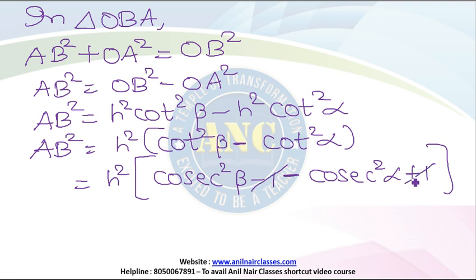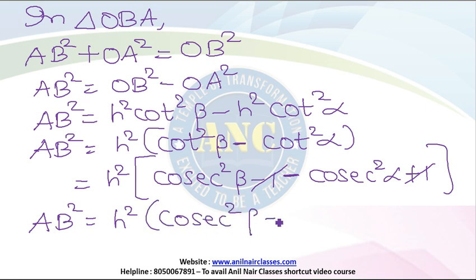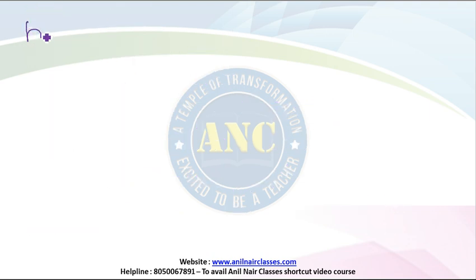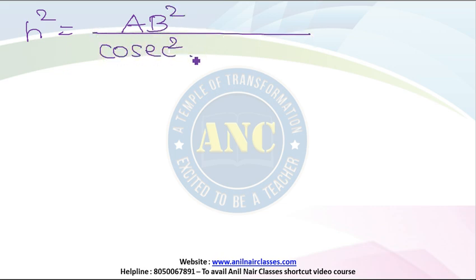Minus 1 plus 1 cancels. So you are left with AB square is equal to H square into cosecant square beta minus cosecant square alpha. So H square is equal to AB square divided by cosecant square beta minus cosecant square alpha.